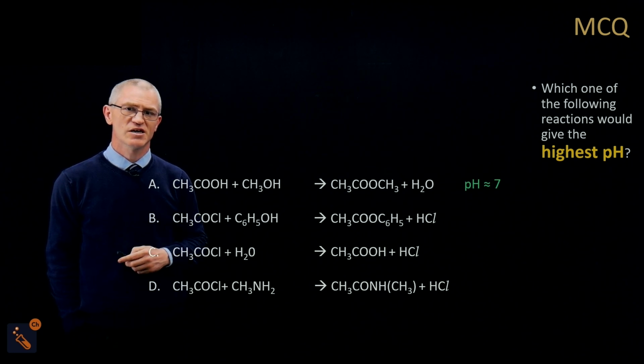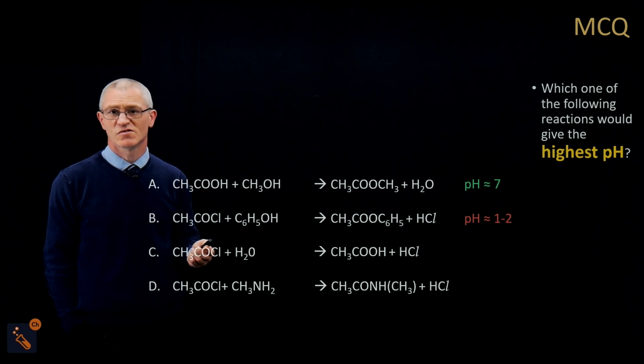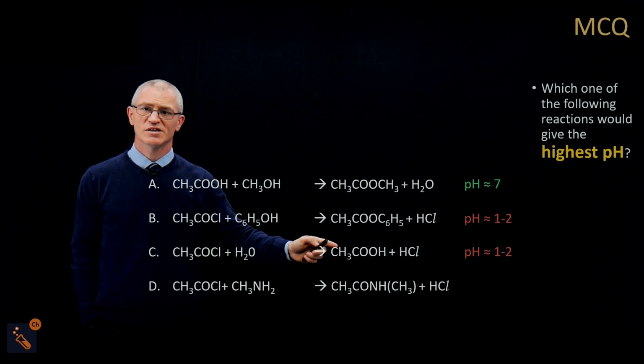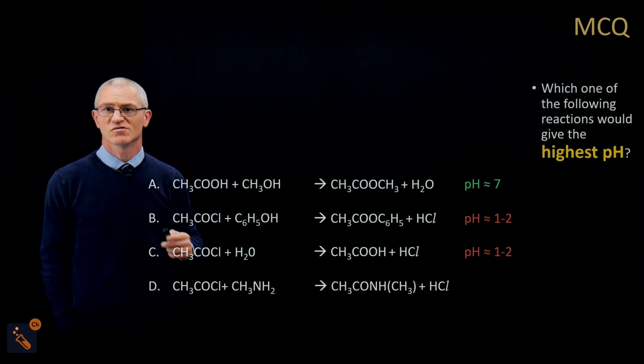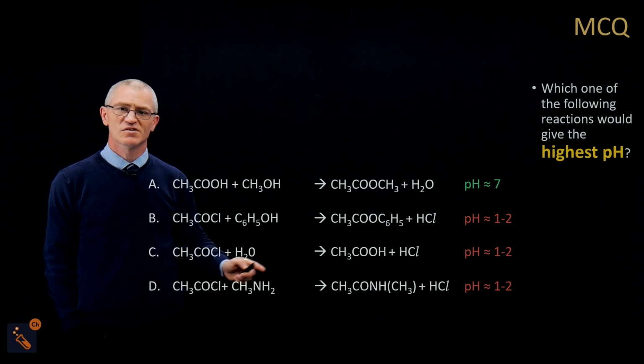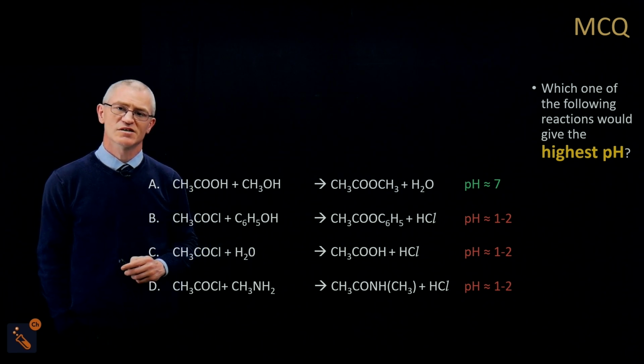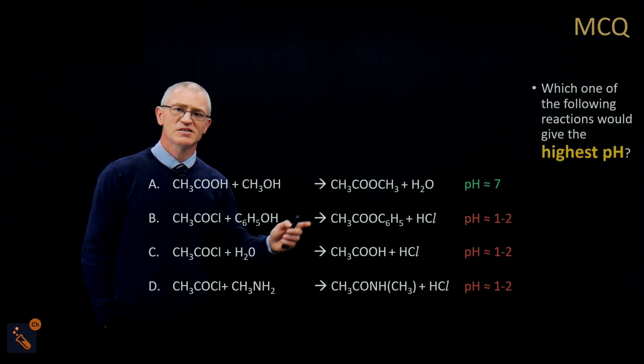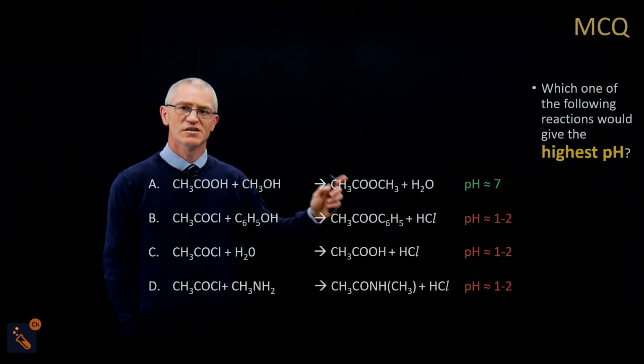Water has a pH of around 7. Then we go for the next one, which is HCl. HCl is a strong acid, so pH 1 to 2, roughly. And then we've got HCl in the next one as well. You can ignore the weak acid here because the HCl is a stronger acid, so therefore pH 1 to 2. And the last one also creates hydrochloric acid, so pH 1 to 2. So basically all of these are pH 1 to 2, and this is pH 7.